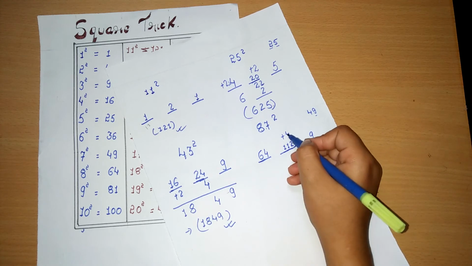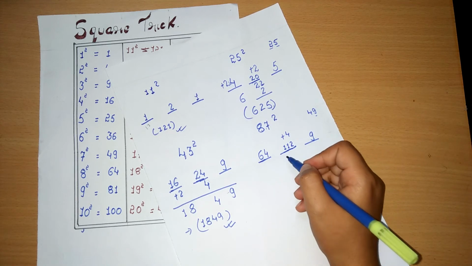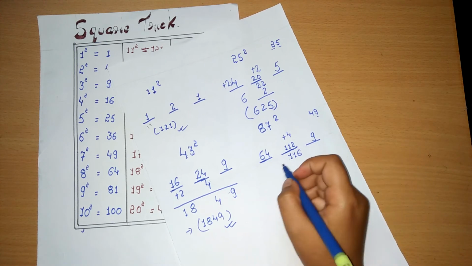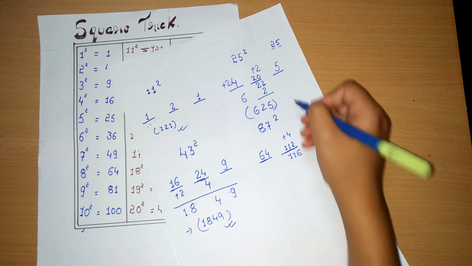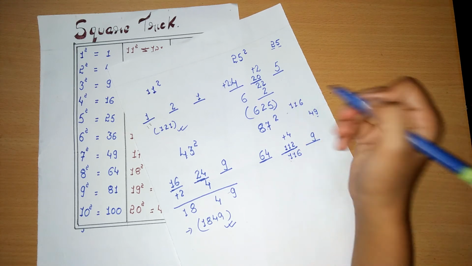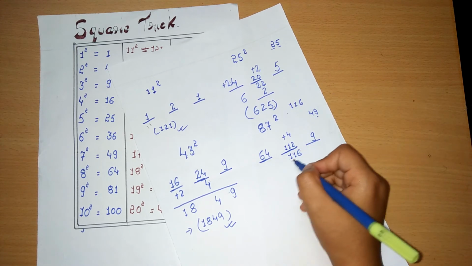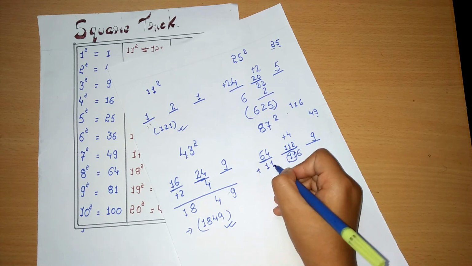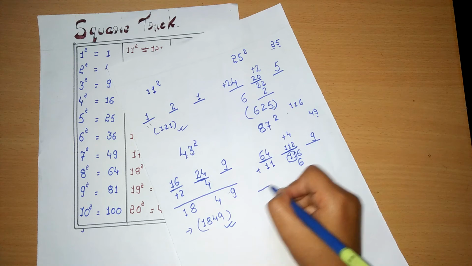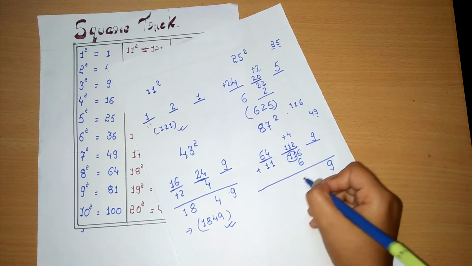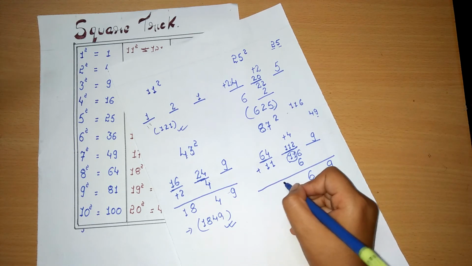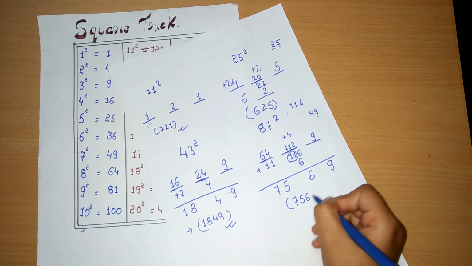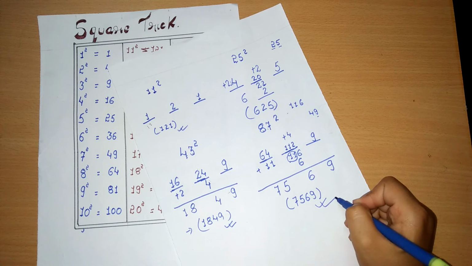Then we add 4 to this number, and the total becomes 116. Here comes a three digits number, 116, but we are only allowed to write one digit. So the 11 is added to the first one, only 6 remains here, so the total becomes 7 5 6 9. This is the square of 87.